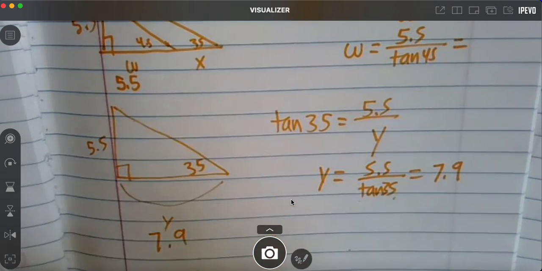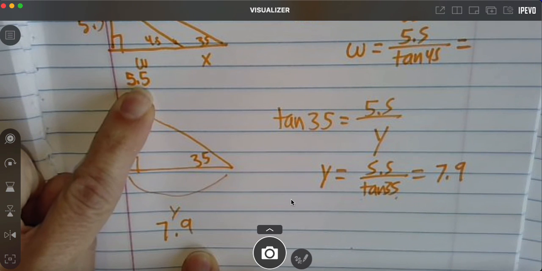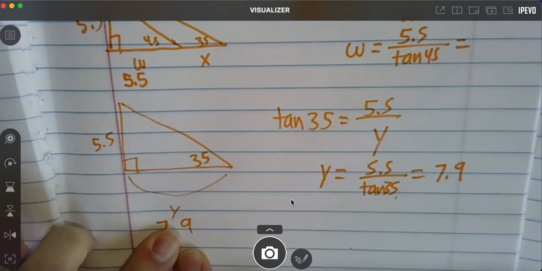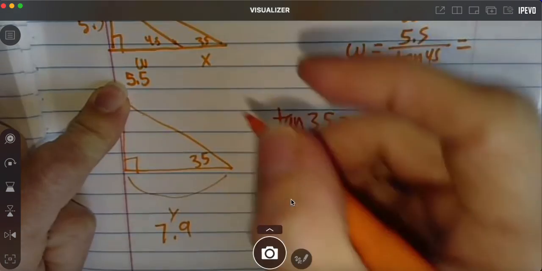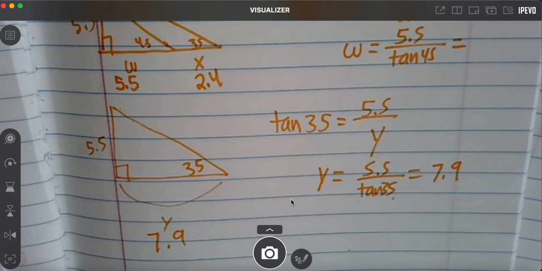So this entire side is 7.9. Little w is 5.5. How in the world would I find x? 7.9 minus 5.5 is 2.4. That's how we would find x. So sometimes they're going to have problems, and probably one like that on your test, or like number 18.